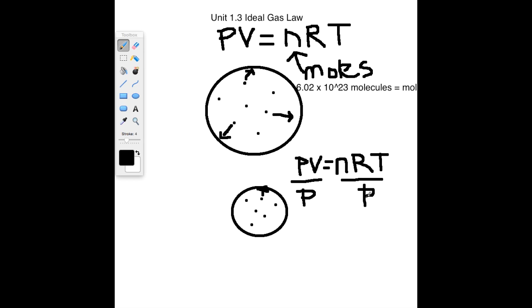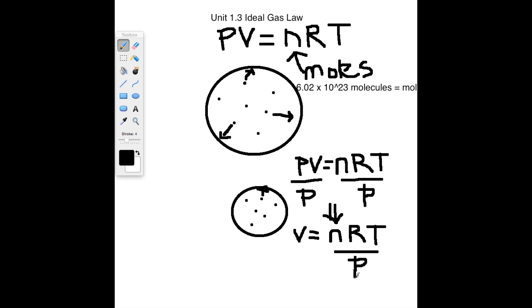So you'd have PV equals nRT. And because P divided by P equals 1, you would then just be able to say V, or the volume, equals nRT divided by P.